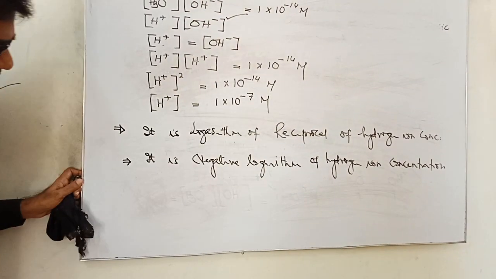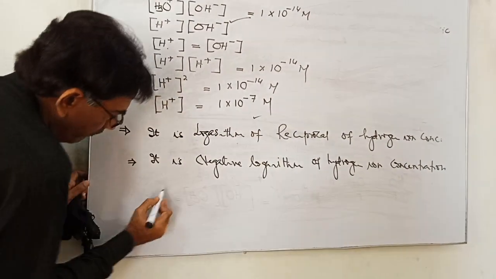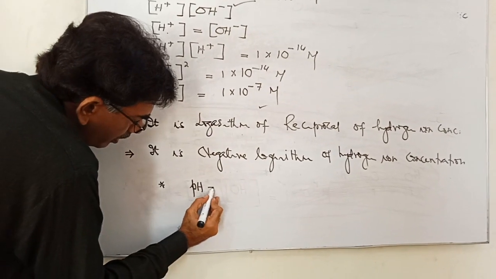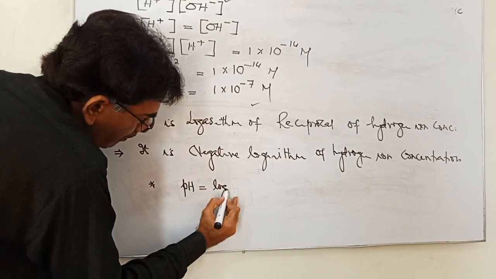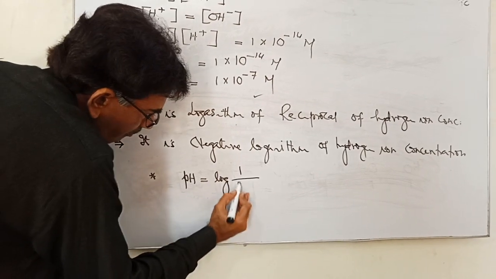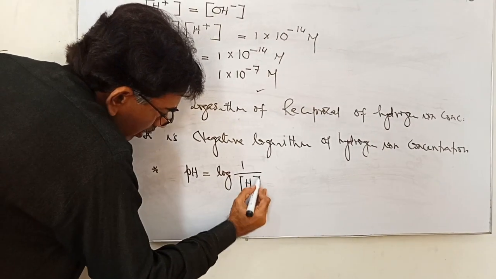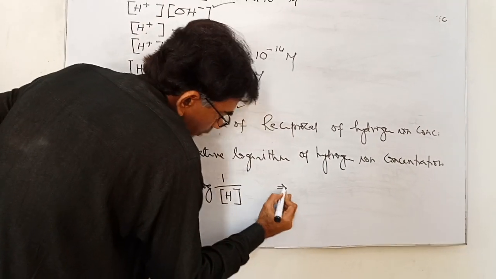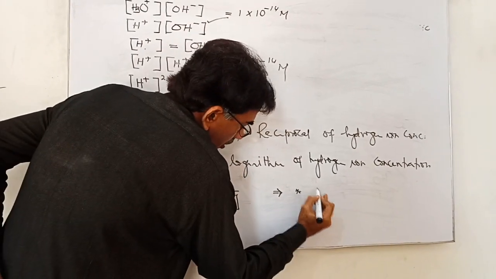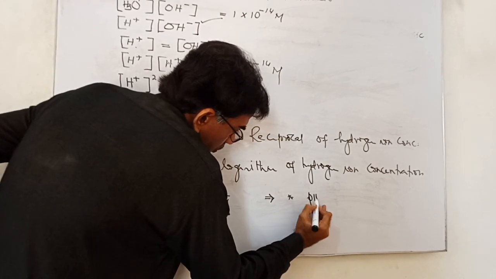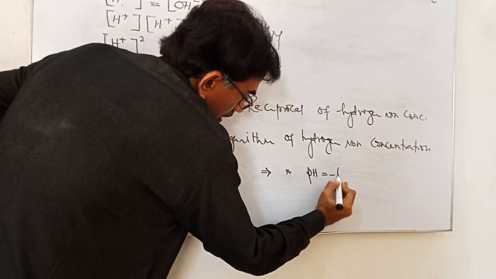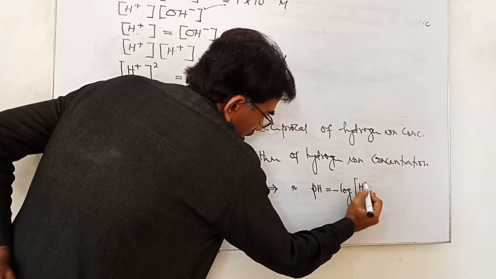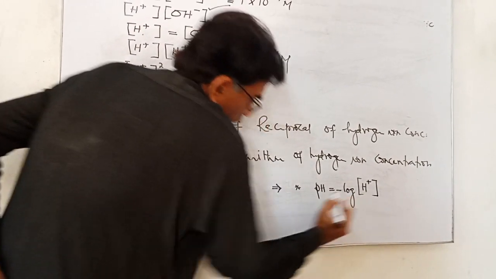We can mention it like that. It is the log of the reciprocal of hydrogen ion concentration, or we can also express it as the negative log of hydrogen ion concentration, and it would be similar.